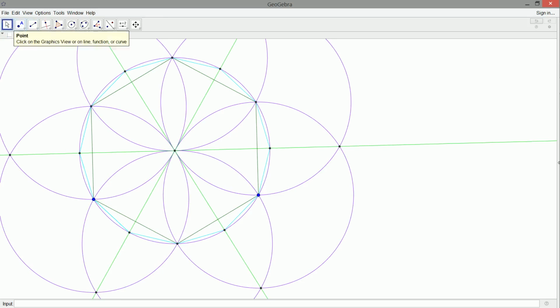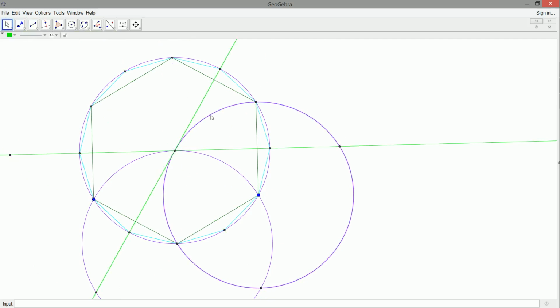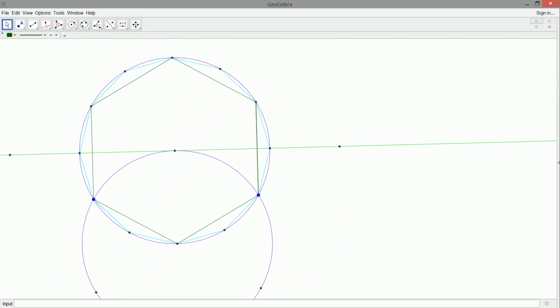Okay, so let's hide a bunch of this. You know, we don't need most of this. We can even hide our hexagon.